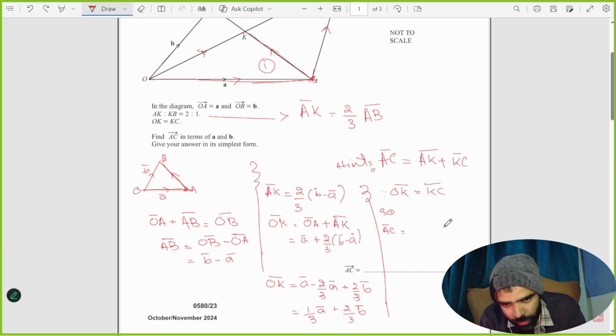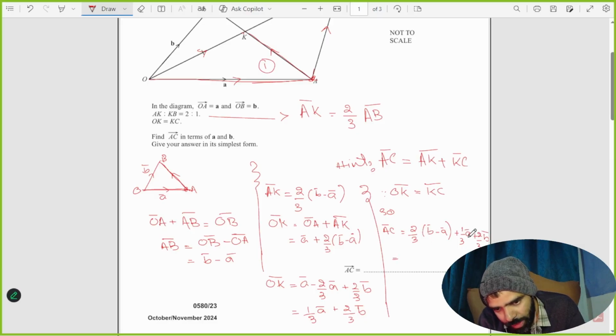AK is 2 by 3 of B minus A plus KC, which is same as OK, 1 by 3A plus 2 by 3B. So we will just add the like terms together, A terms and B terms.